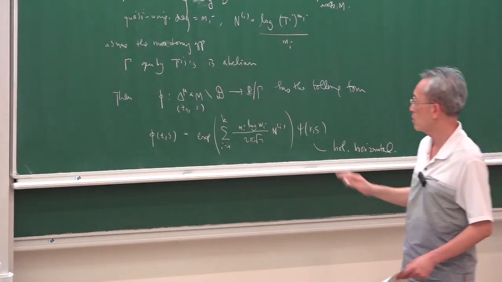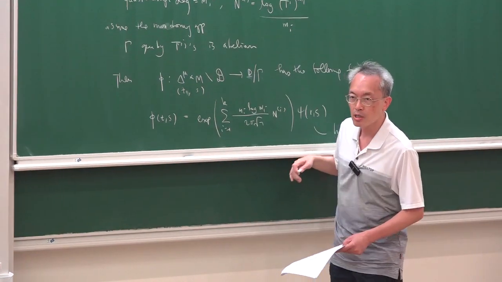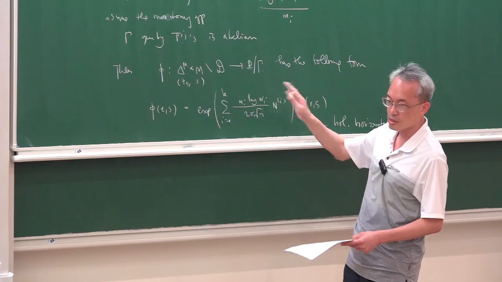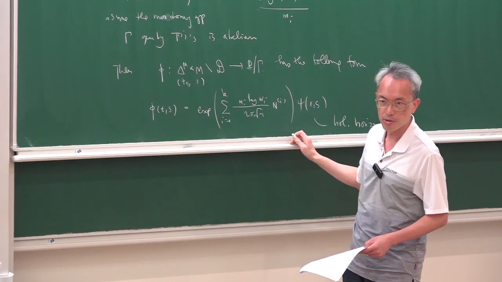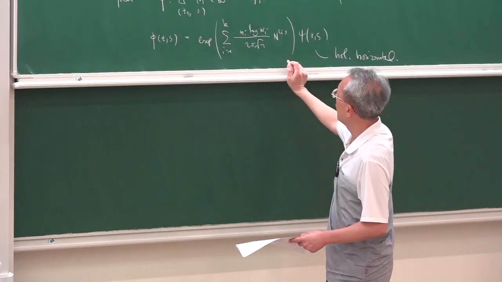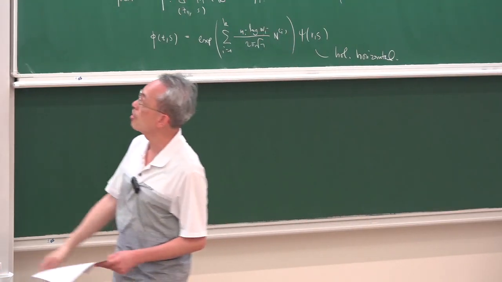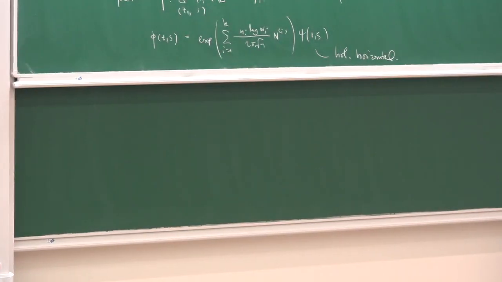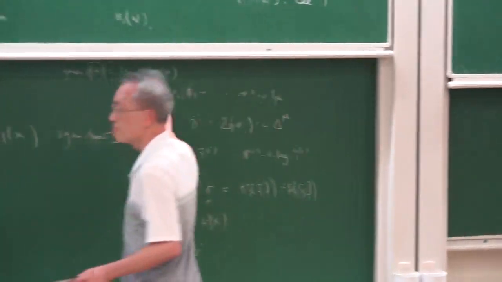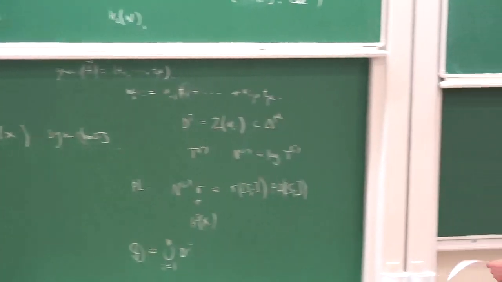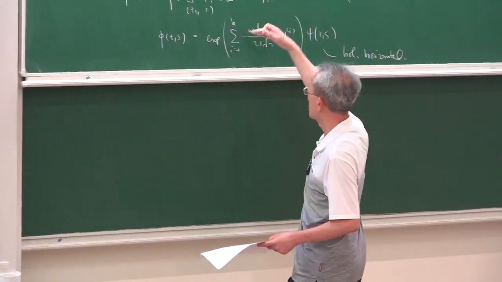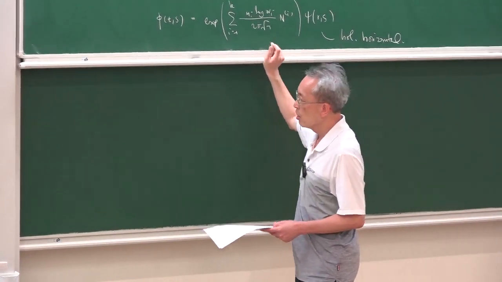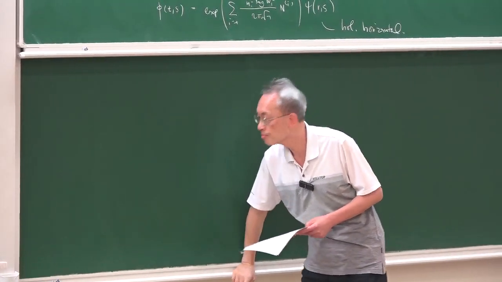Okay, that's the statement. So in a normal crossing situation, that's exactly your Bogomolov-Tian-Todorov. And wi is a linear function that I defined somewhere here. And the vanishing locus is exactly the discriminant.